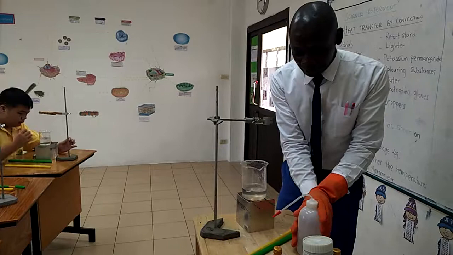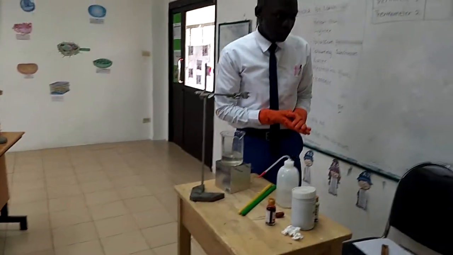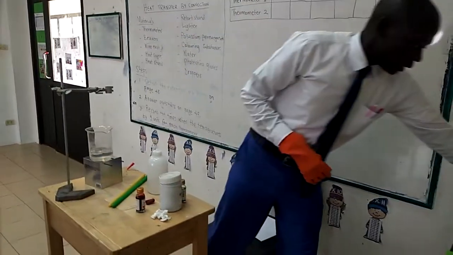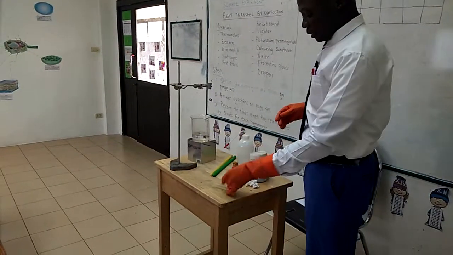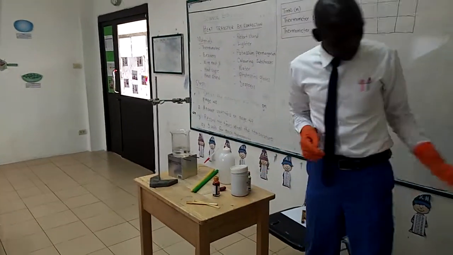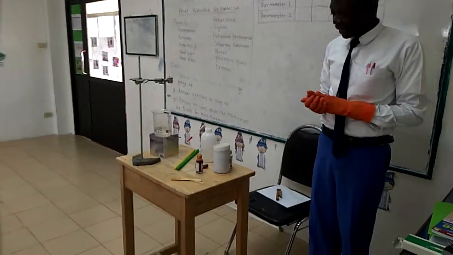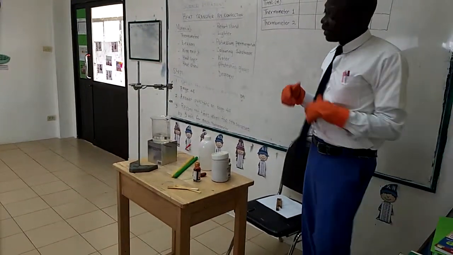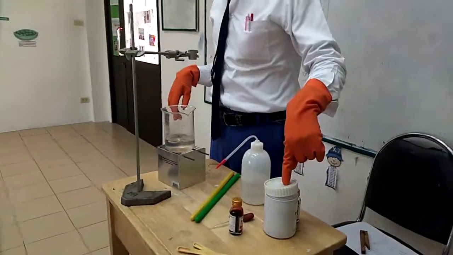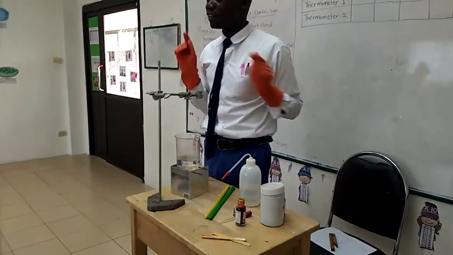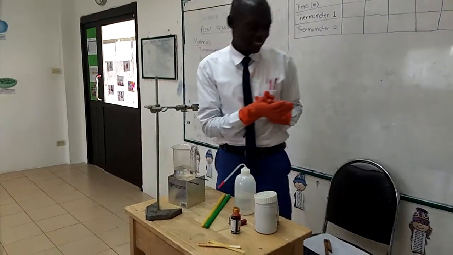So after, I'm going to use this to scoop some potassium permanganate, and then I'll drop in mine. For my experiment, I'm going to use potassium permanganate. Then for your case, you're going to use different coloring substances.